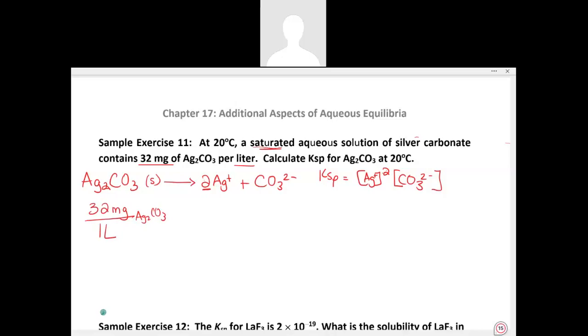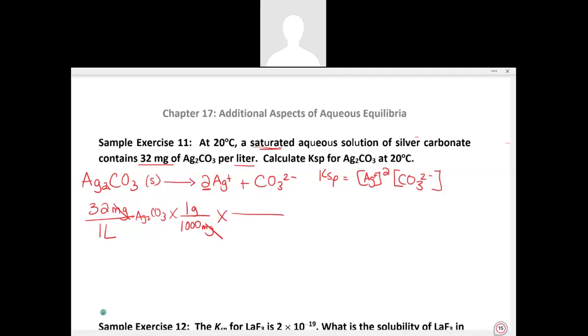Now, what else are we told here? Well, we know that there is 1 gram for every 1,000 milligrams, so we can convert here to grams. We're just going to divide by 1,000, and we can keep moving along here.